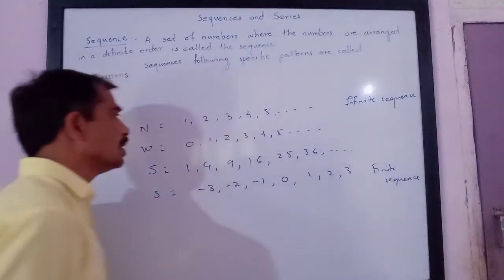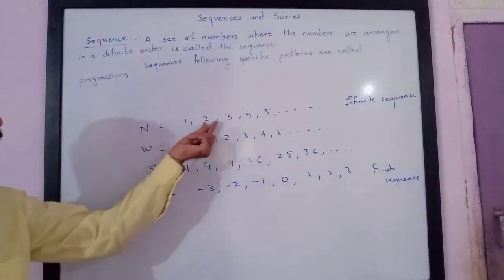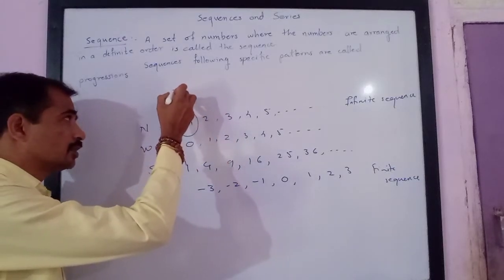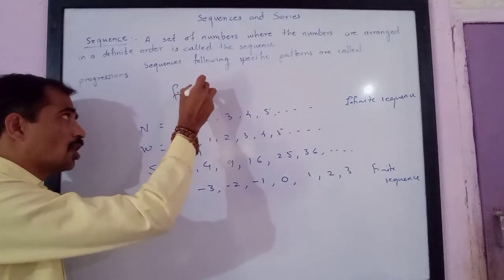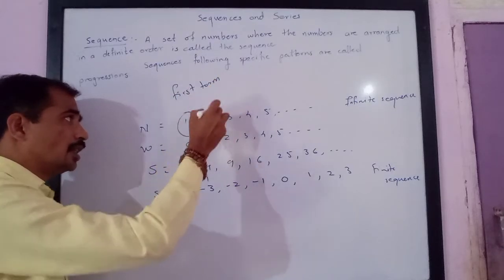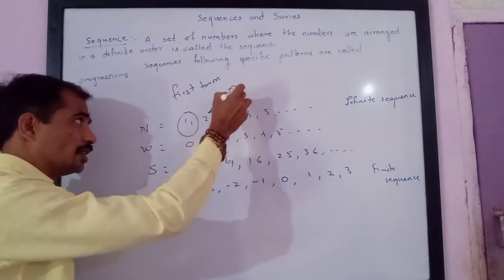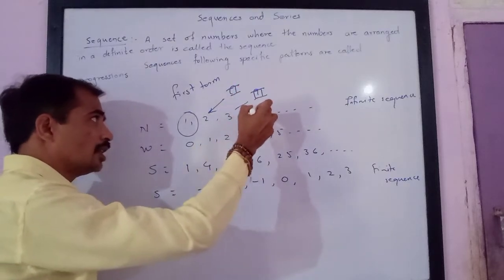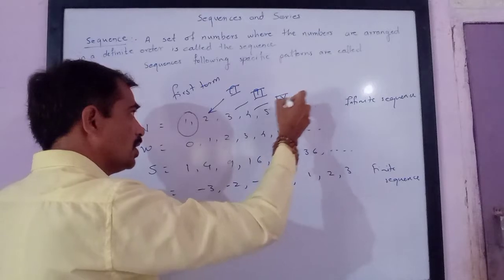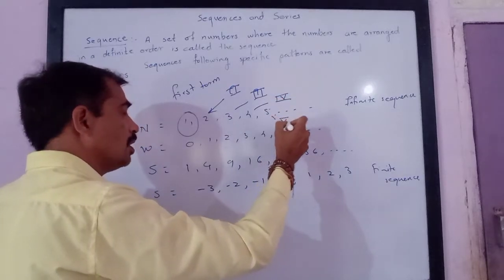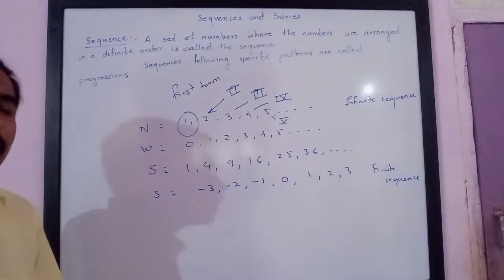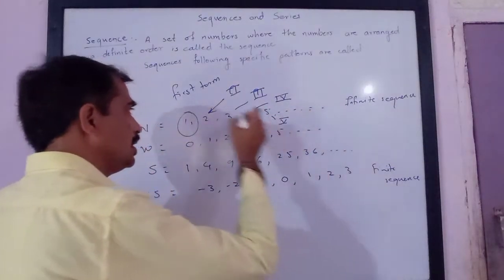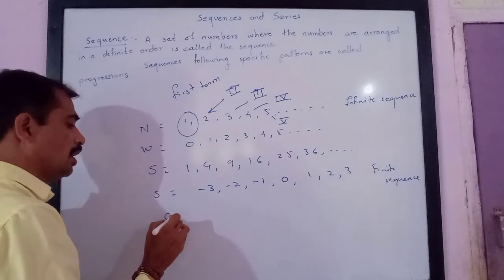Please try to understand, each one is called a term. This is the first term of the sequence, this is the second term, this is the third term, the fourth term, the fifth term and so on. These terms are normally denoted by A1, A2, A3.